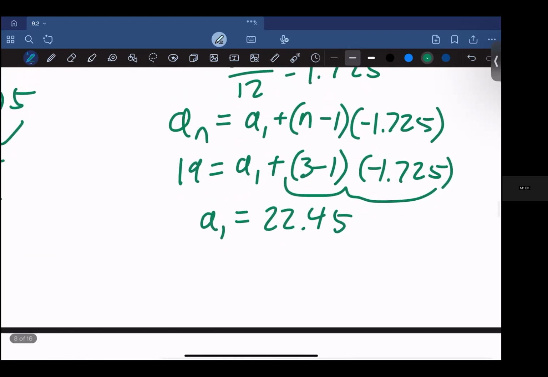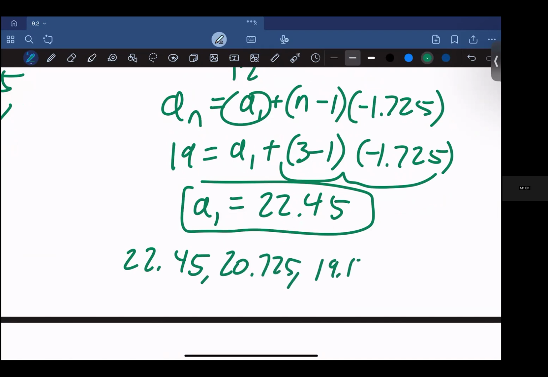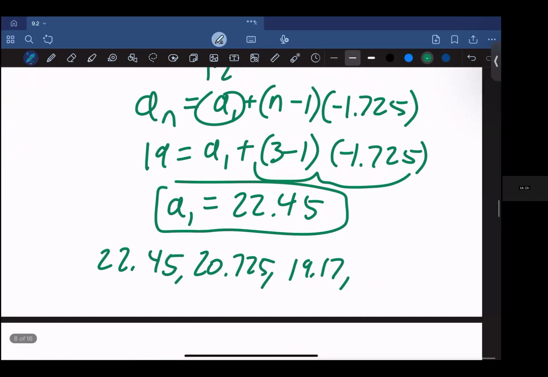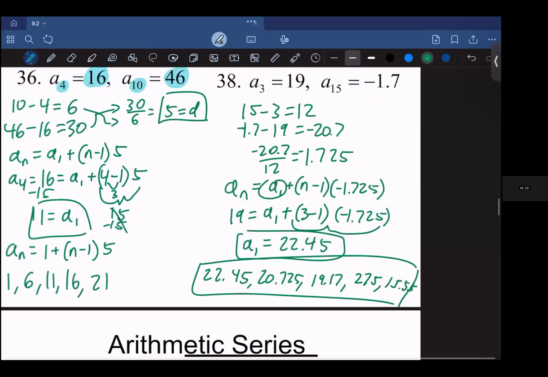Plug this into your equation and you will get first 5 numbers of 22.45, 20.725, 19.17. Oh shoot, did I mess up? Okay, yes, it keeps going. Sorry, I can't tell what my decimal looks like versus my period. Something's messed up in there, but go ahead and take a look.